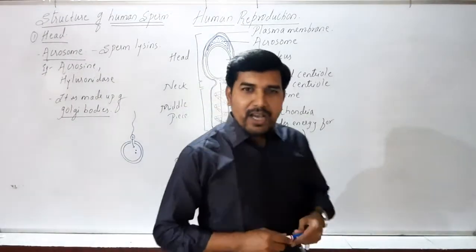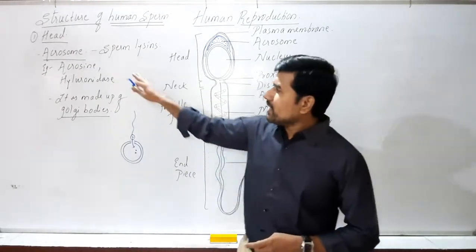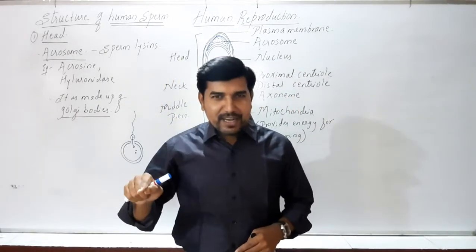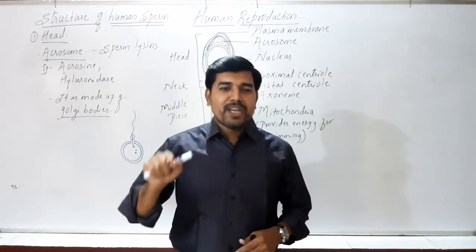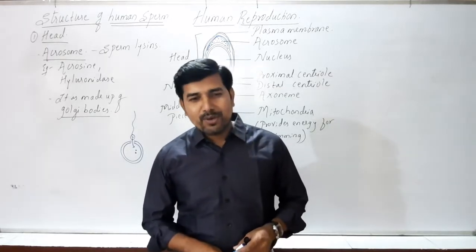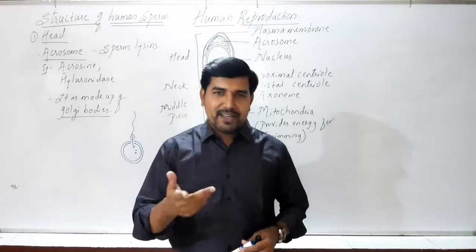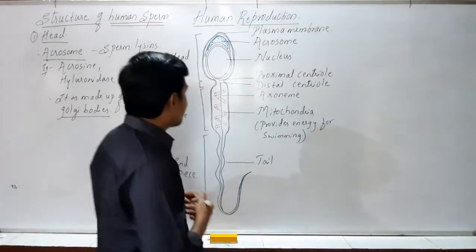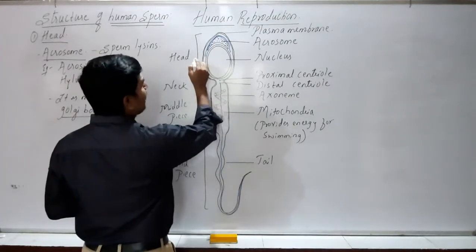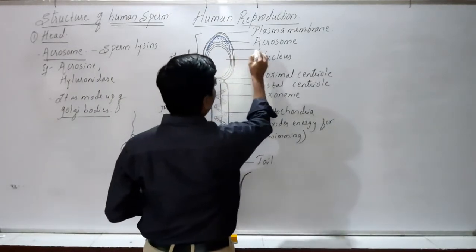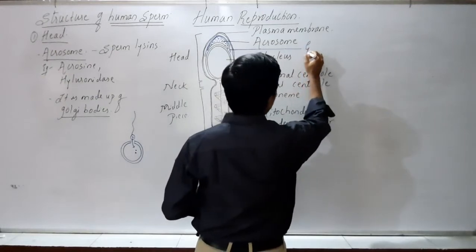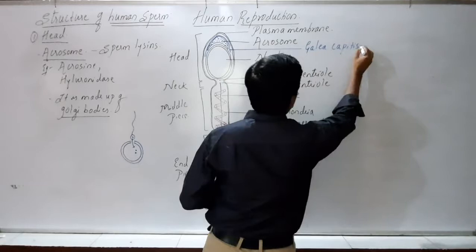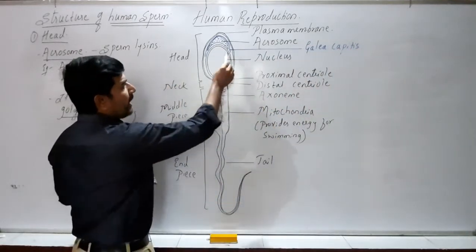Then in the head part, this acrosome's outer part is covered by the plasma membrane. Now this acrosome also consists of a certain structure, a capsule, and that capsule is called galea capitis.